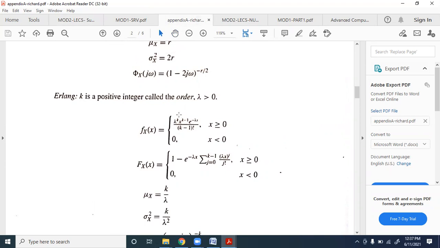If k is equal to 2, then this becomes lambda squared x e to the power of minus lambda x over (2 minus 1) factorial. 2 minus 1 factorial is 1 factorial, and that is equal to 1.